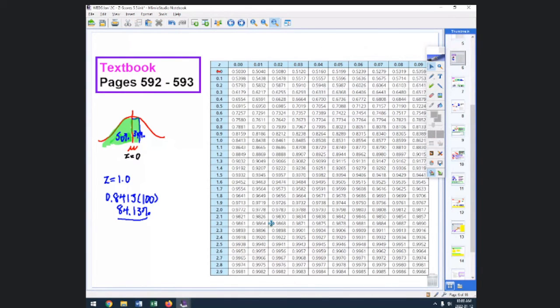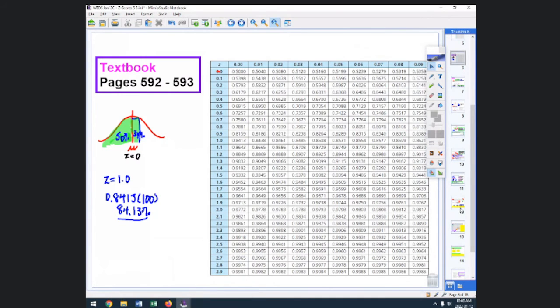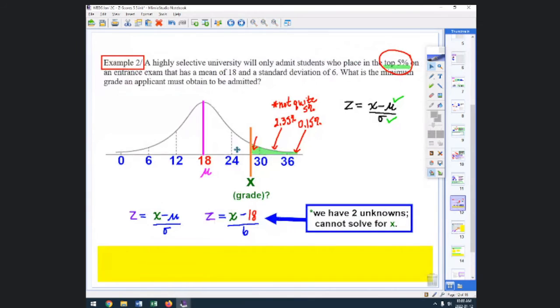Where's 5%? Can you tell me what Z-score it has to be kind of close to? This is Z equal to 1, and this is Z equal to 2. So the Z-score that corresponds with 5%, what should it be between?